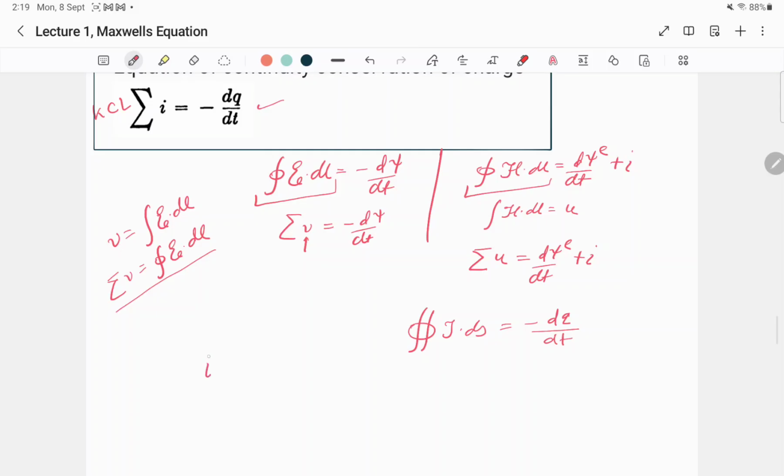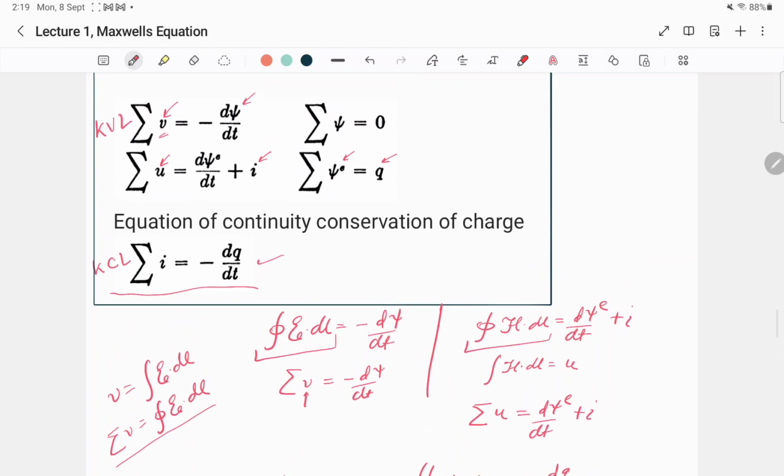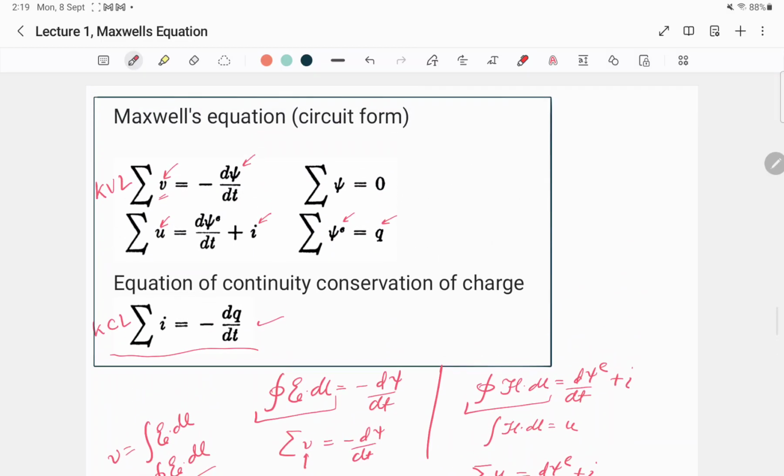Since current I is the surface integration of J dot dS, the summation of I will be the closed surface integration of J dot dS. So this entire thing can be replaced with the summation of I is equal to minus dq by dt, which is written over here. So this is how Maxwell's equation in circuit form can be written.